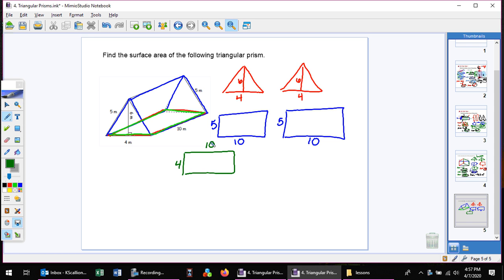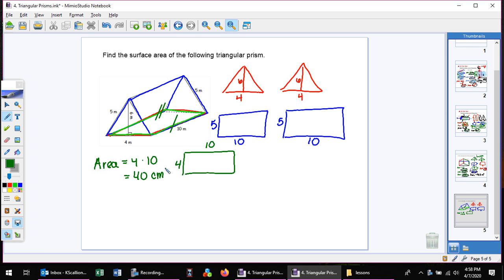Now, some of you are thinking, I can do this math in my head. 4 by 10 is 40, 5 by 10 is 50, 5 by 10 is still 50. That's fine. I have no problem with that. You just have to make sure that you're not making silly mistakes. So this would be 4 by 10, so that's 40 centimeters.